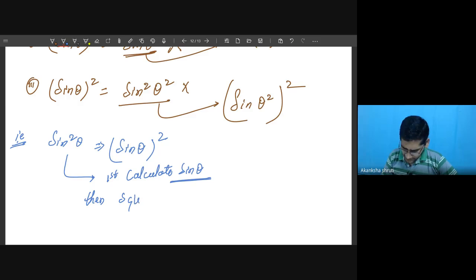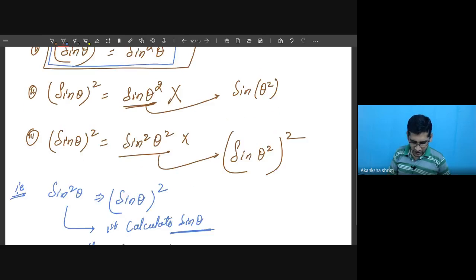Then you have to square it. So it includes two steps. The first step is calculation of sine of theta, then you have to square it. Okay, student? So this concept we have to apply in such questions.